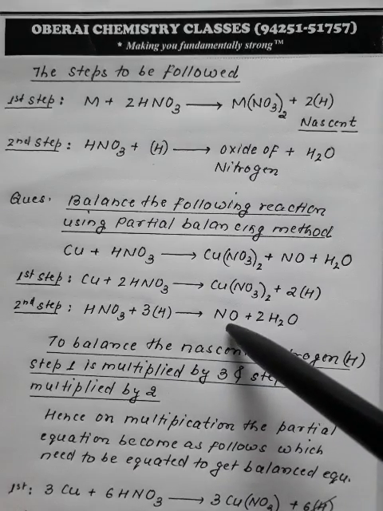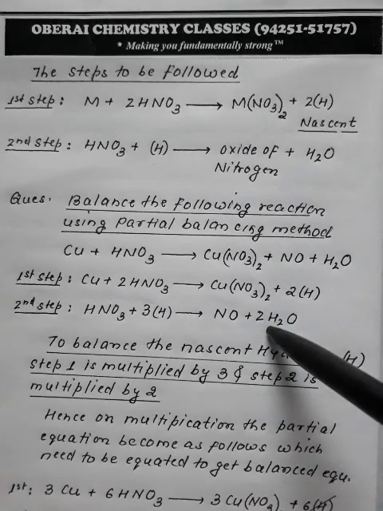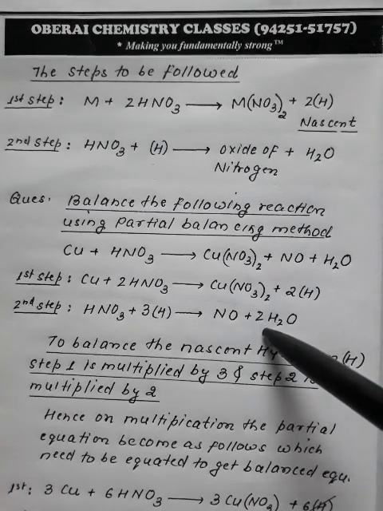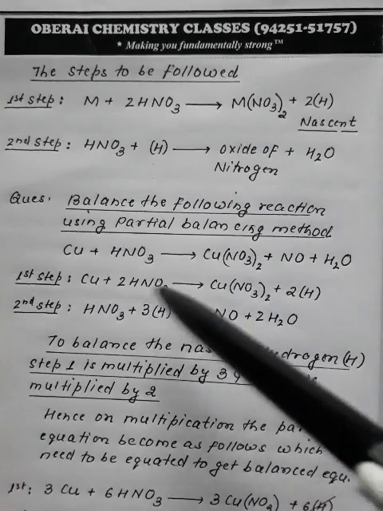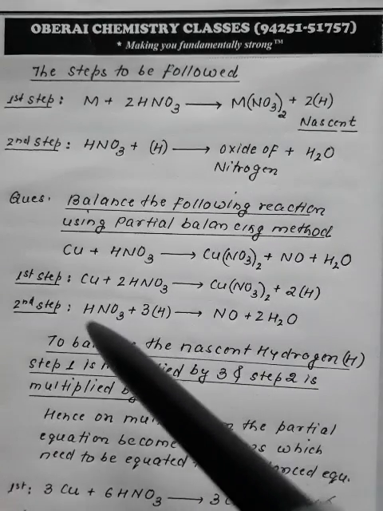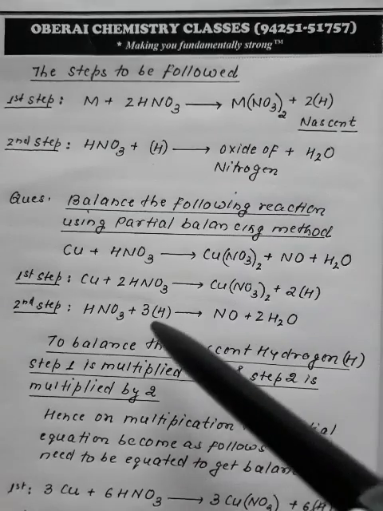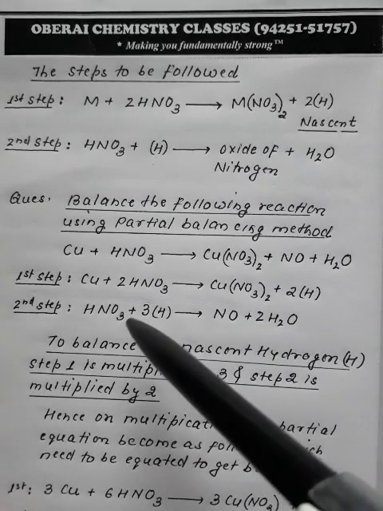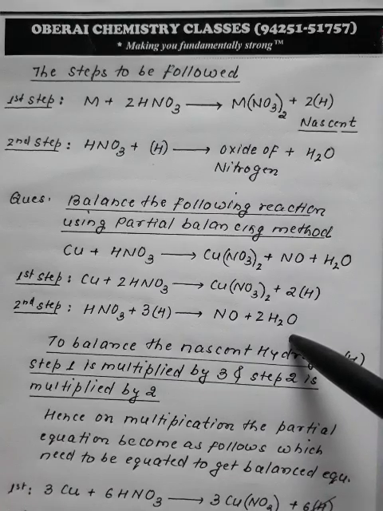Therefore we can't put 2 before NO; we put 2 before H2O to balance the oxygen. So nitrogen is 1 and 1, and oxygen is 3 on this side, and 1 and 2, which is 3, over here.